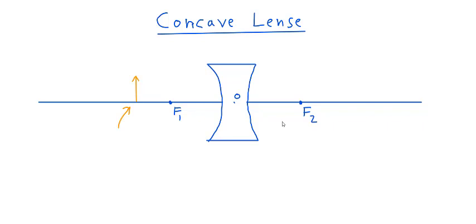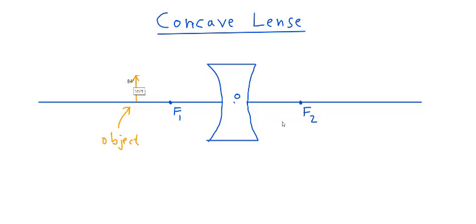And let's use the concepts we've discussed in the video so far to see how the concave lens forms an image of this object. What we do is we pick a point on the object, and it's simplest to pick, say, the top of the arrow here, and we draw some light rays.